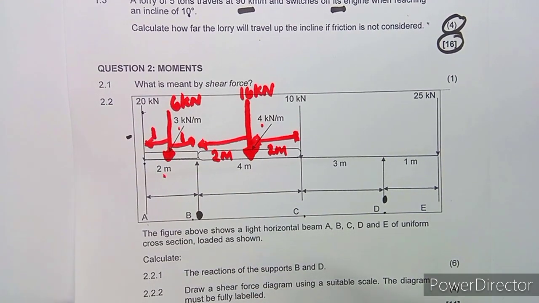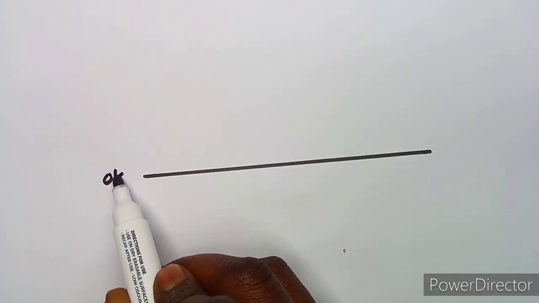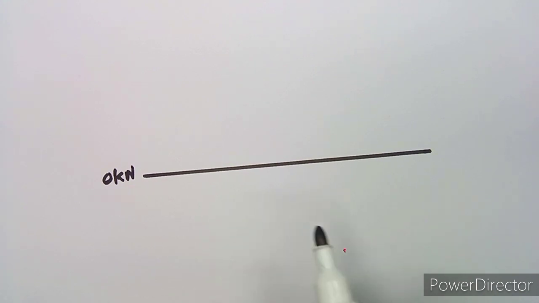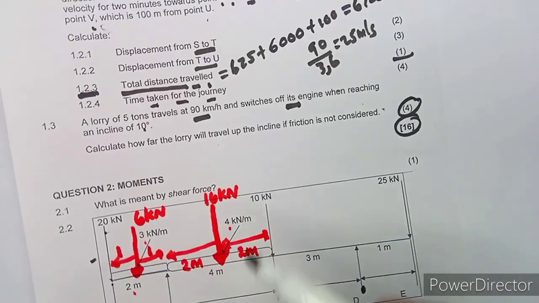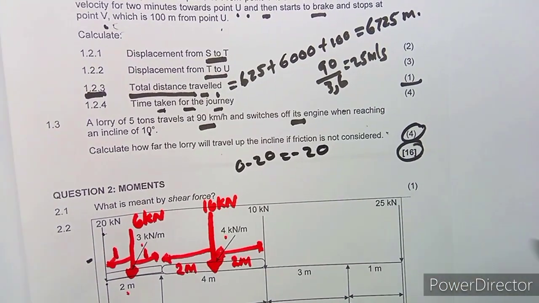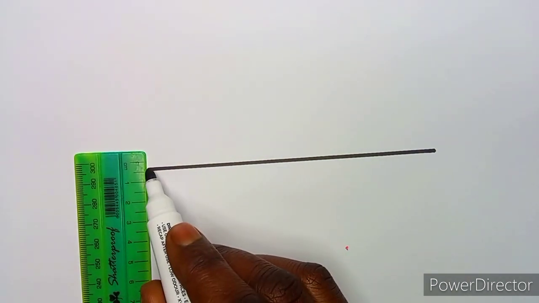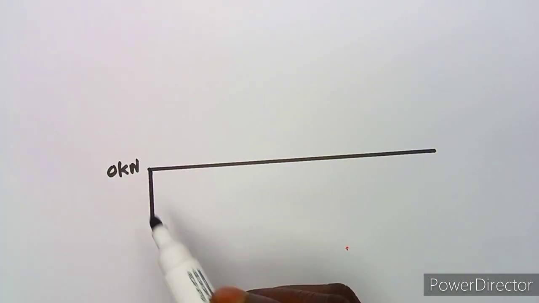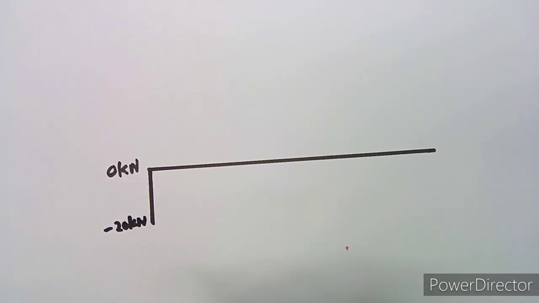So we subtract 20 from 0, which gives us minus 20. You know that a point load you represent with a vertical line. So this one is just going up to minus 20 kilonewton.